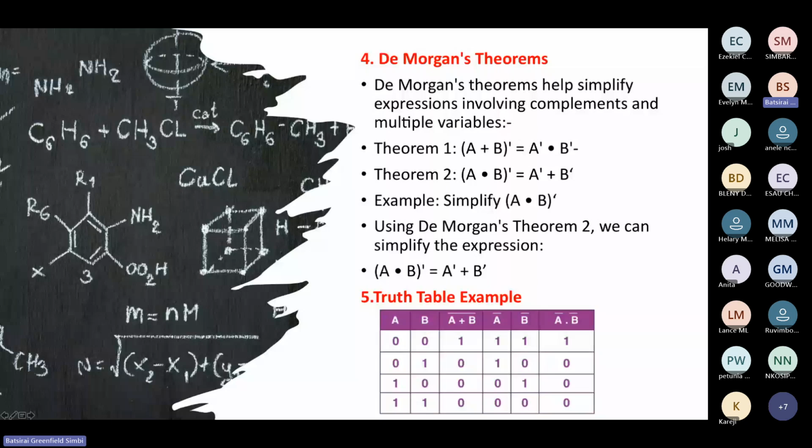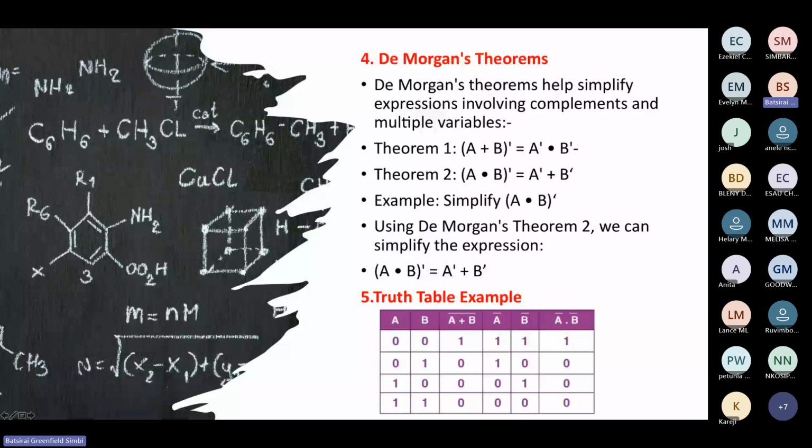So for the truth table, we have A 0, B 0, then A plus B complement, we have 1. Then A complement, because we have a 0 here, it will be 1, then B complement, because it's a 0 here, we have a 1 here. Then A complement dot B complement will be a 1, because it has to be the opposite of the A dot B value.